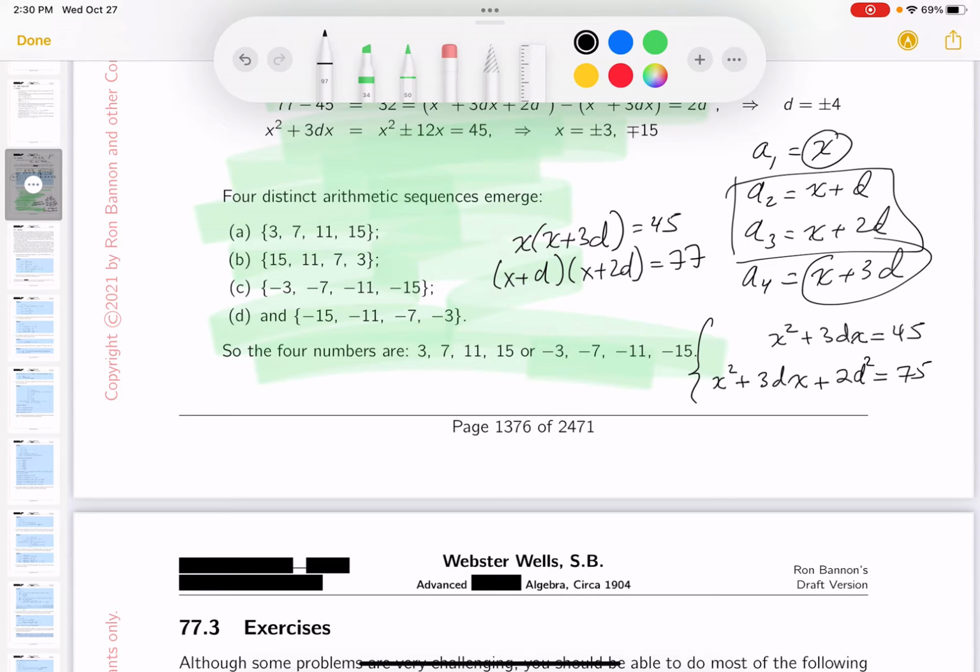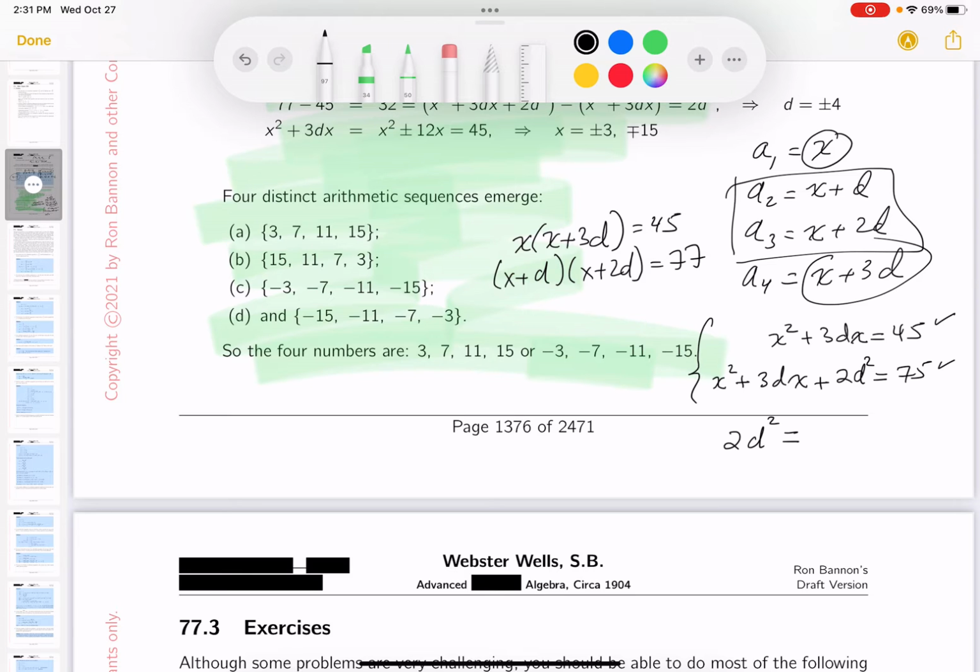What are you going to get if you subtract the two? Again, I'm going to take this one, subtract away this one here. So what do I get? I would get 2d squared equals 75 minus 45 is going to be, let's make sure I did that right. x plus d, that's x squared plus 3dx.